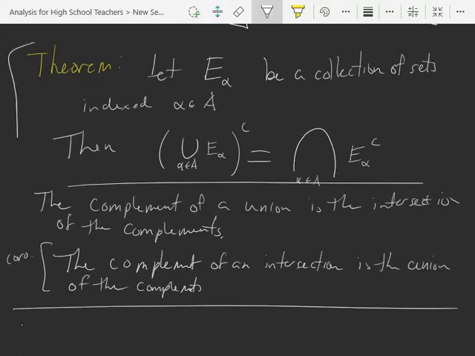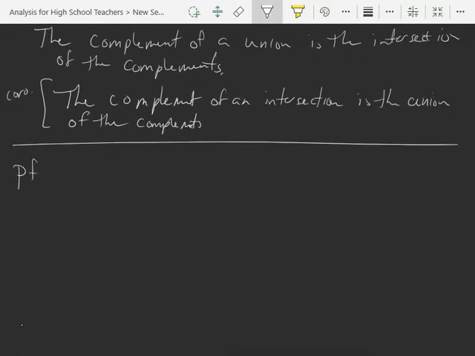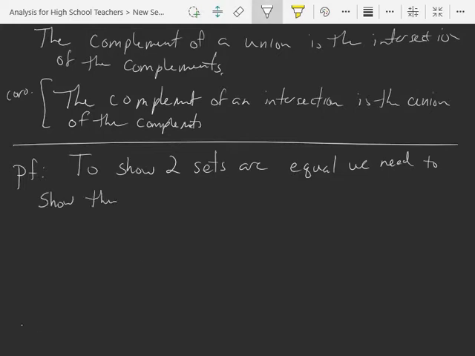Okay. So let's prove this right here. I need to show that to show two sets are equal, we show that they're contained in each other.